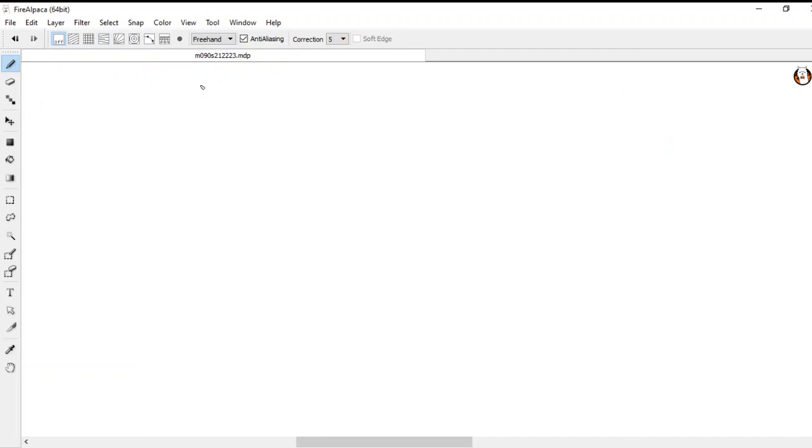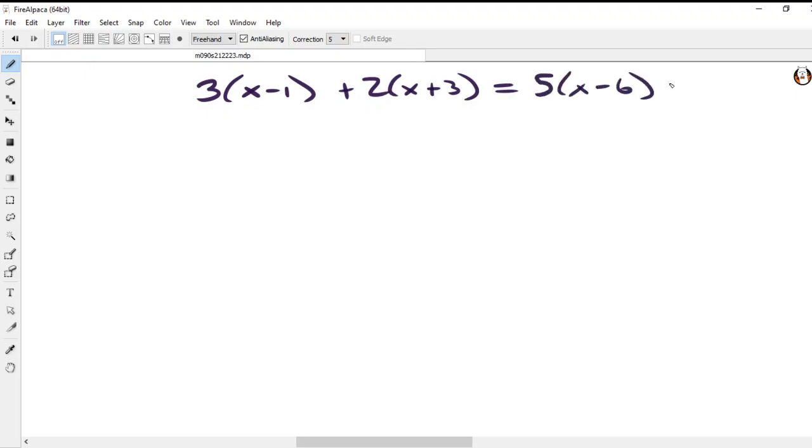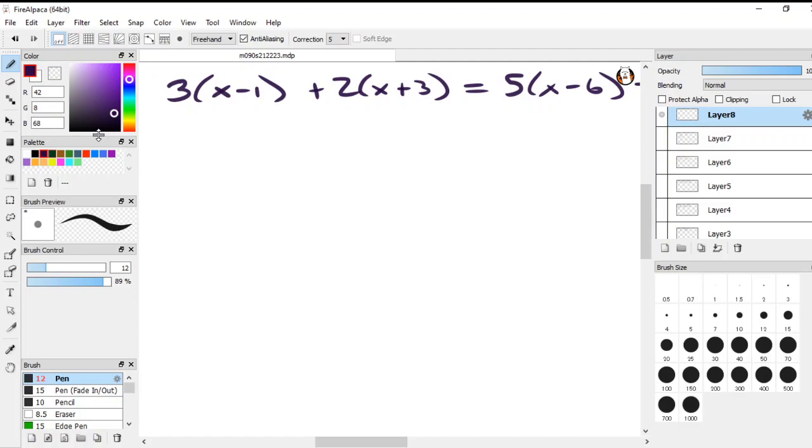For example, if we had 3 times x minus 1 plus 2 times x plus 3 is equal to 5 times x minus 6 plus 1. In this case, we'd need to distribute all of these numbers into their binomials.